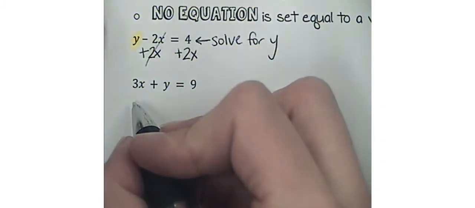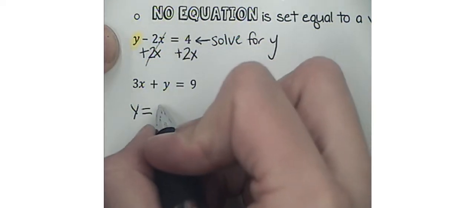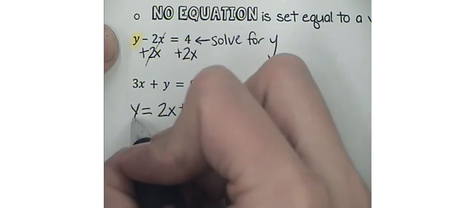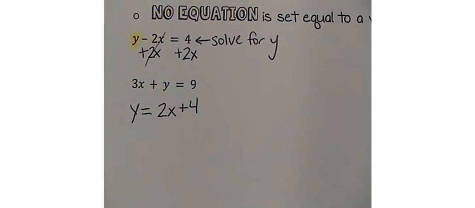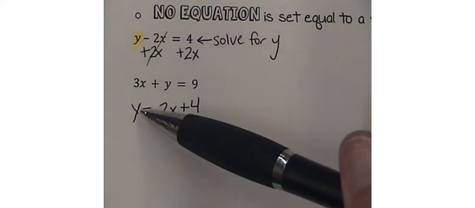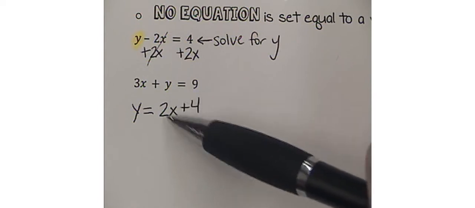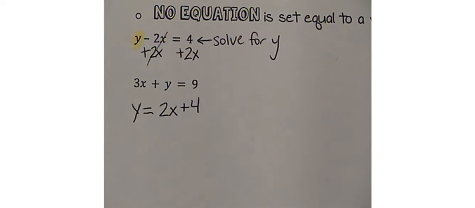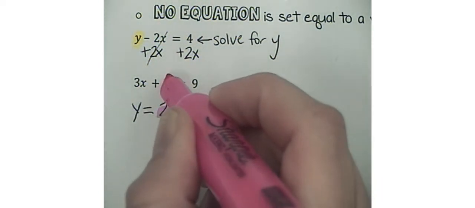So down here, because I'm running out of room, I'm going to rewrite it. y equals 4 plus 2x, or I'm so used to writing 2x plus 4. Honestly, the order doesn't matter here. Okay, so now I have y by itself. y equals this 2x plus 4 expression. So that is what we're going to take and plug into the second equation where we see the y.